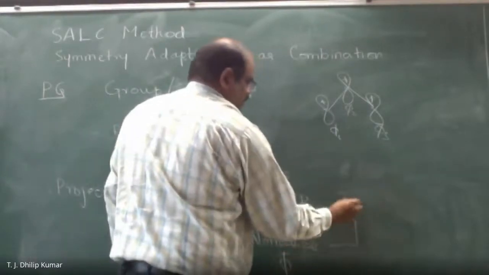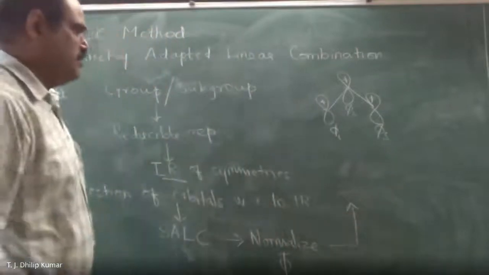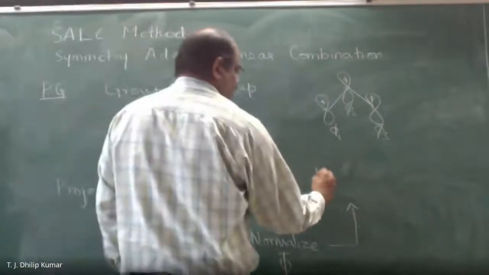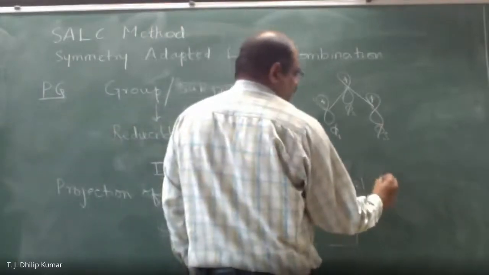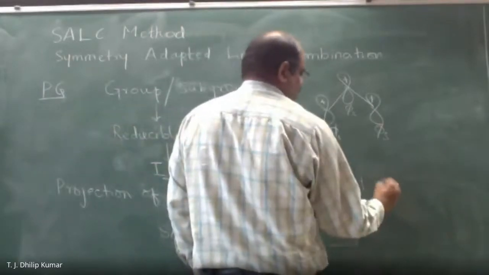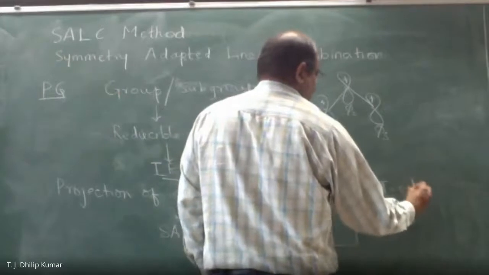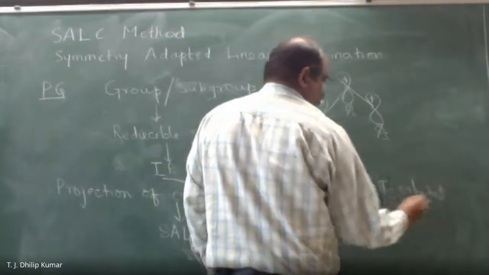Then we used Huckel's method, right? Huckel's phis. Huckel's approximation, you can say. Pi orbital approximation.